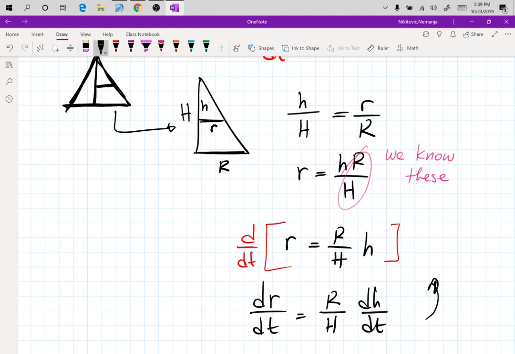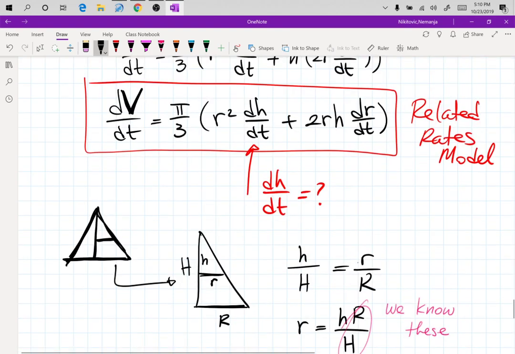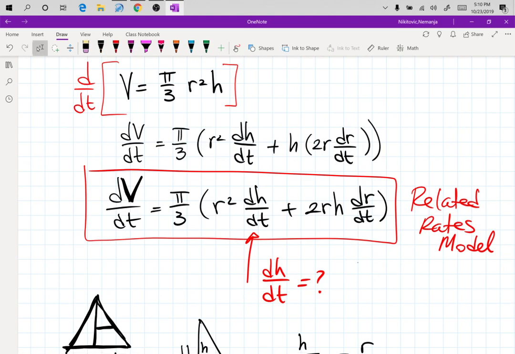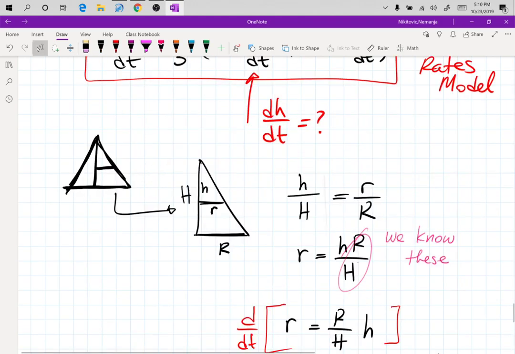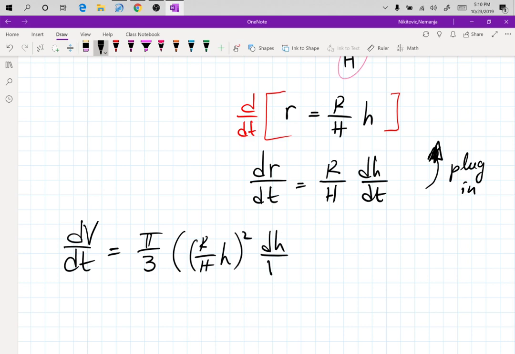So now, plug in. Your dV/dt now is going to be pi over 3, and instead of r squared, you will have R over H squared, and you have your dh/dt, which is what you are looking for.